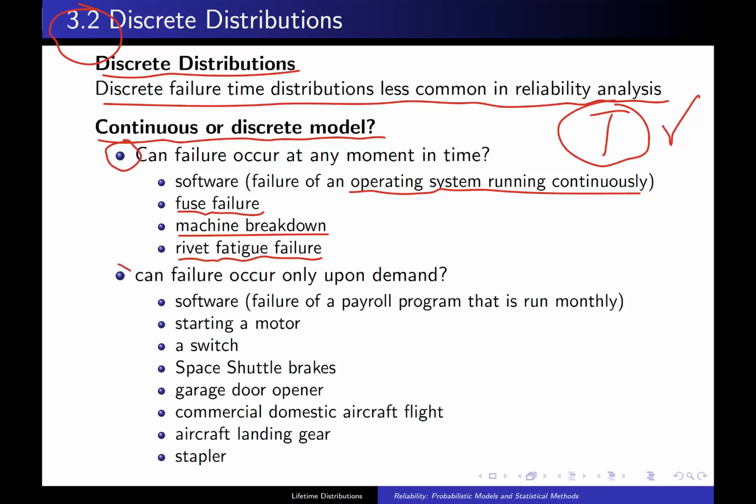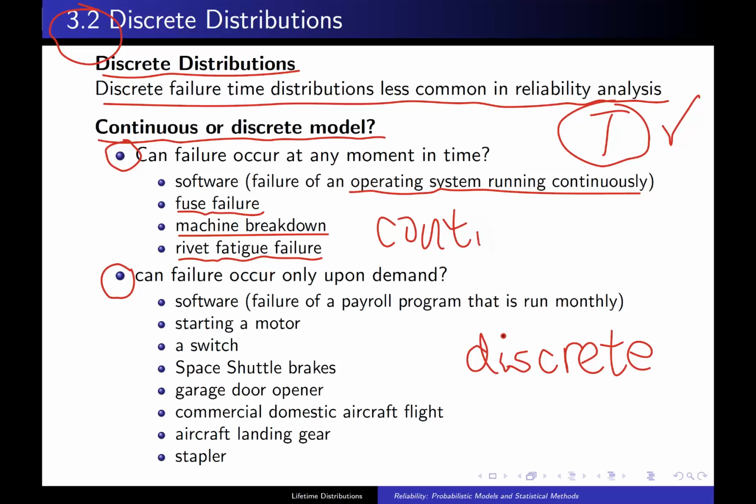On the other hand, if failure can occur only upon demand, then that's a case where a discrete random variable T is appropriate rather than a continuous random variable T. A couple of examples, software once again, but this time if the payroll program is run monthly, that's a case in which you would want to use a discrete random variable: month 1, month 2, month 3, etc. Starting a motor when something like this is done on demand, and that might be a motor on a lawnmower, for example.